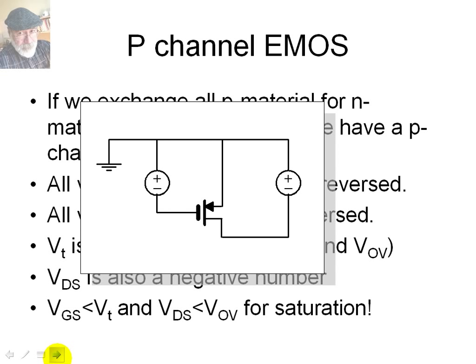Consider this PMOS here. You say it's a PMOS? Sure. You see the terminals gate, source, and drain. The source, I drew it at the top, and the source is identified by the arrow, but this diagram has the arrow pointing into the channel because this is a PMOS transistor. Okay.